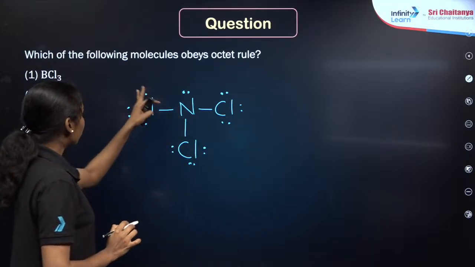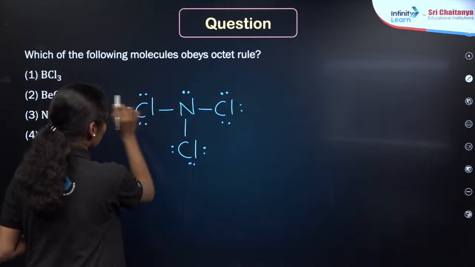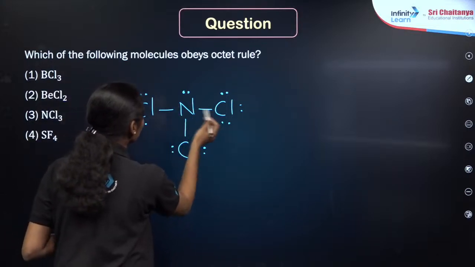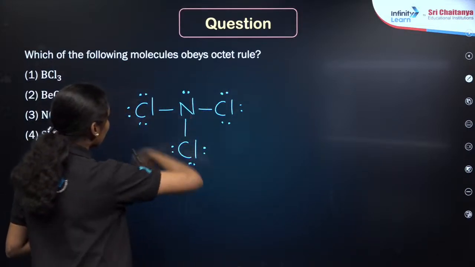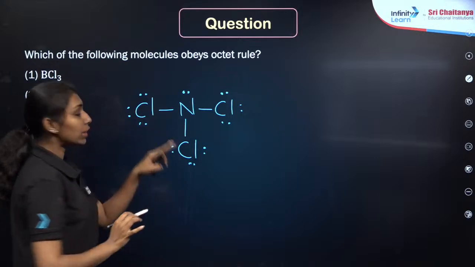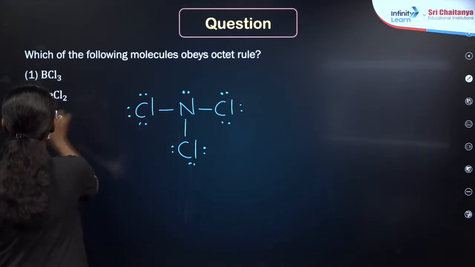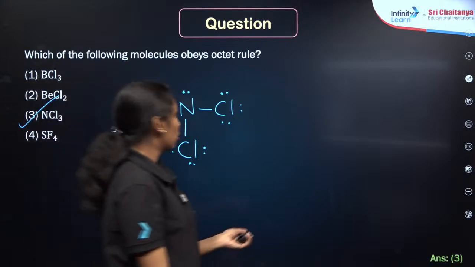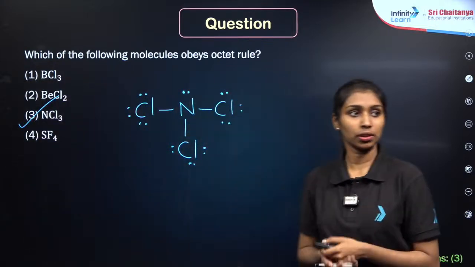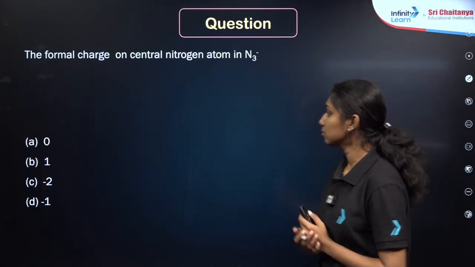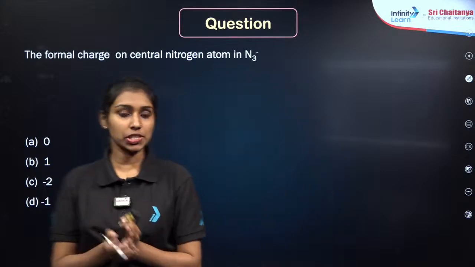Total here 1, 2, 3, 4, 6 plus 2, 8 electrons. For nitrogen it is also 1, 2, 3, 4, 5, 6, 7, 8. In this compound, you can see that all the atoms, including nitrogen and chlorine, follow the octet rule, which means option 3 will be the correct answer here. Clear?